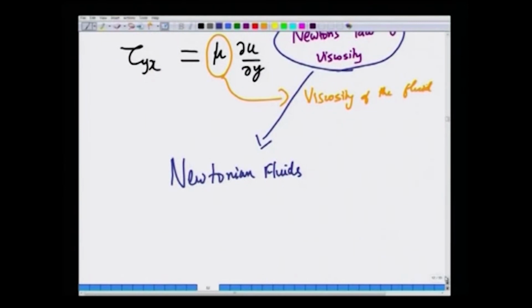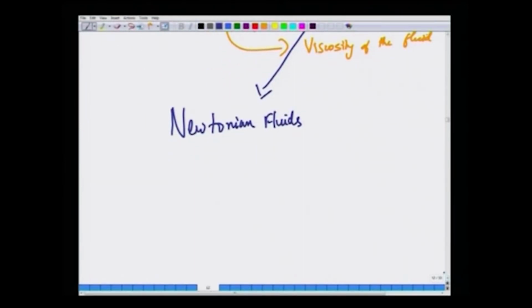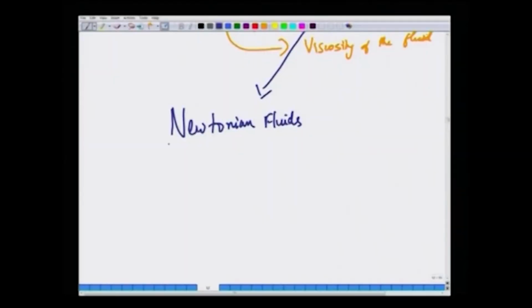Now, this constitutive relation is derived only for a simple one dimensional approximation. As I told you in the last lecture, in general fluid flow can occur in all 3 dimensions. So, we have to worry about stresses in all the directions. So, the general constitutive relation for a Newtonian fluid can be written as follows.